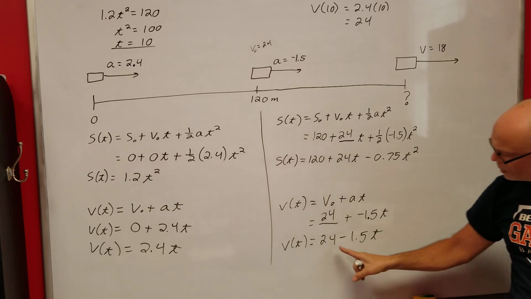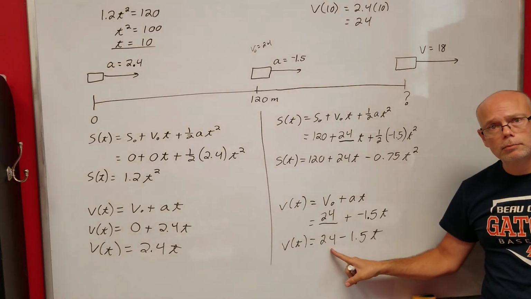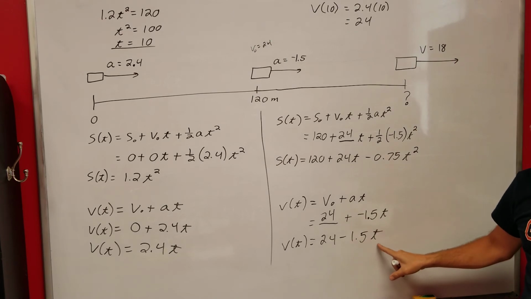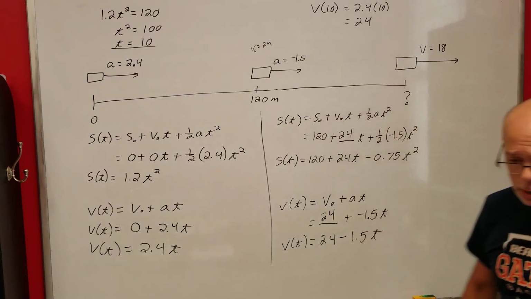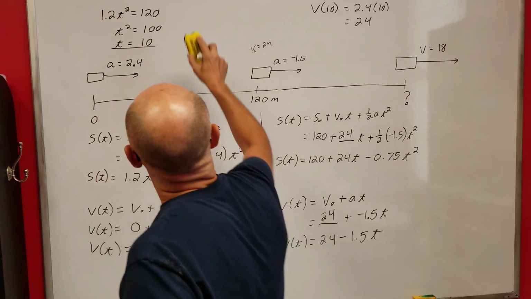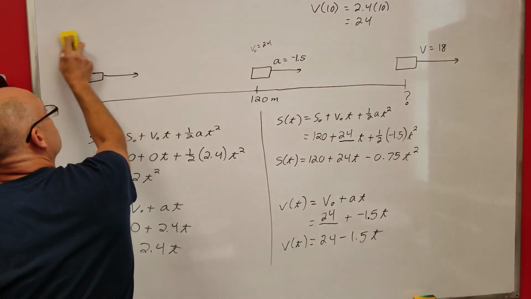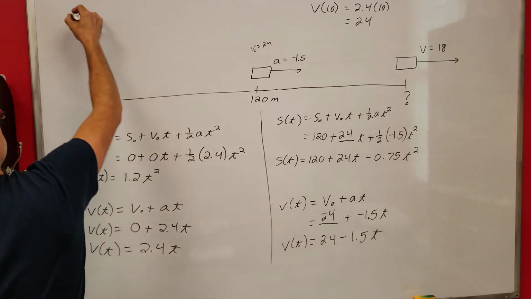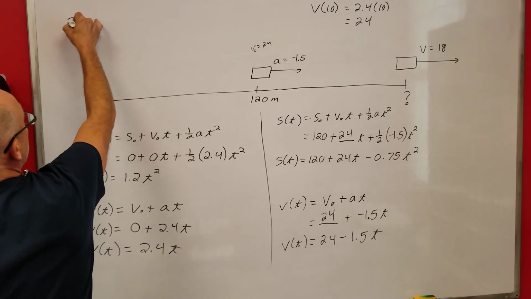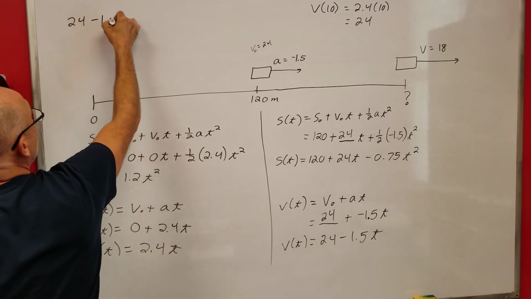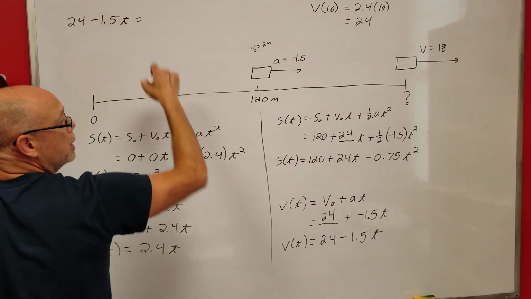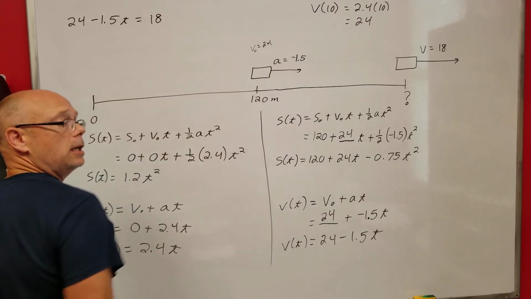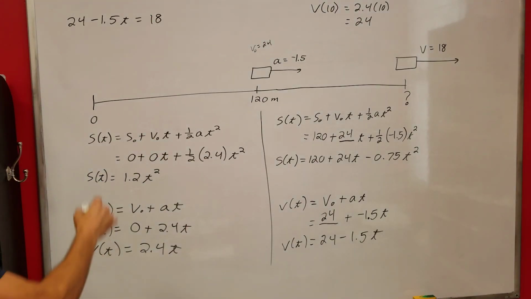So couldn't I just take this velocity function, find out where it's equal to 18, and that'll give me the time? Well, let's do so. So let's take that velocity function over there, which is 24 minus 1.5 t, and find out when that velocity is equal to 18.